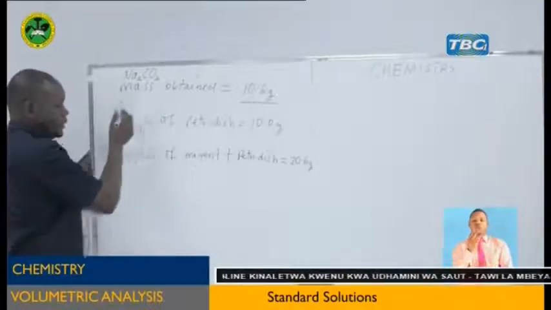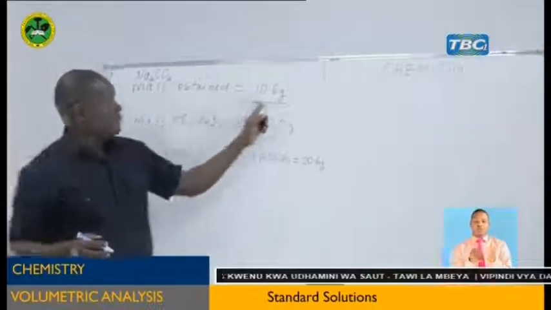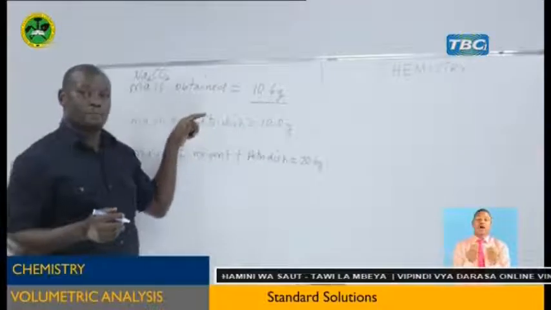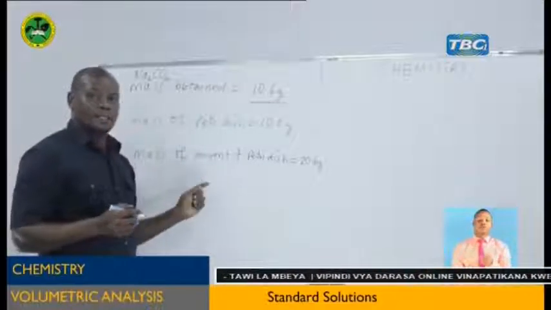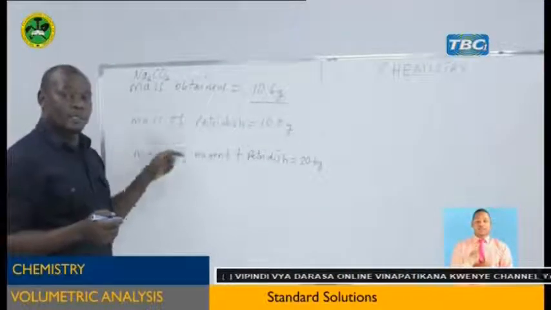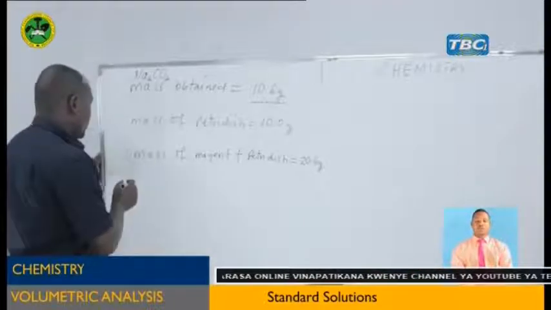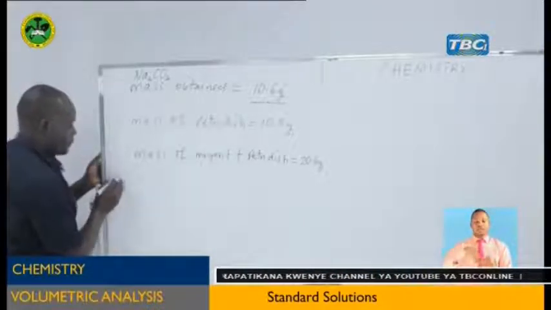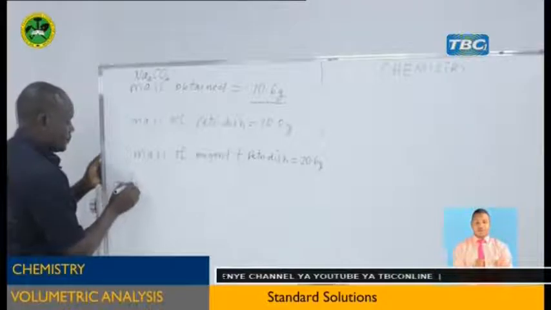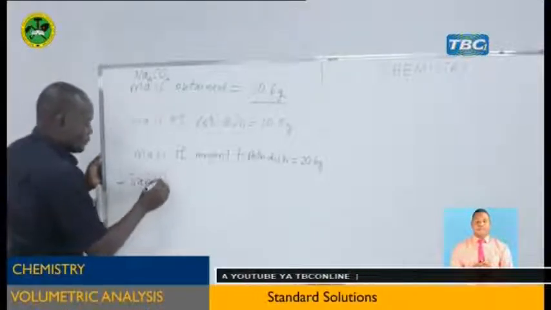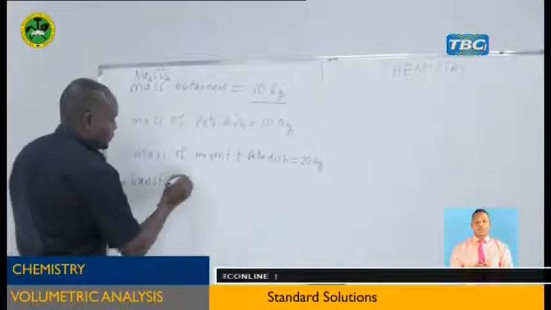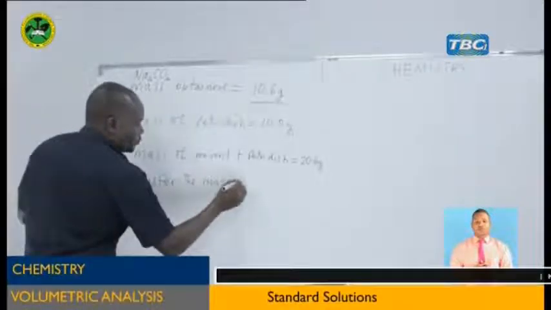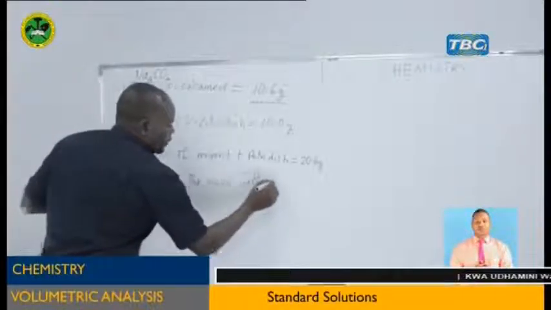After measuring the amount of the primary standard reagent that you want to prepare a standard solution from, you then transfer the mass into a beaker.